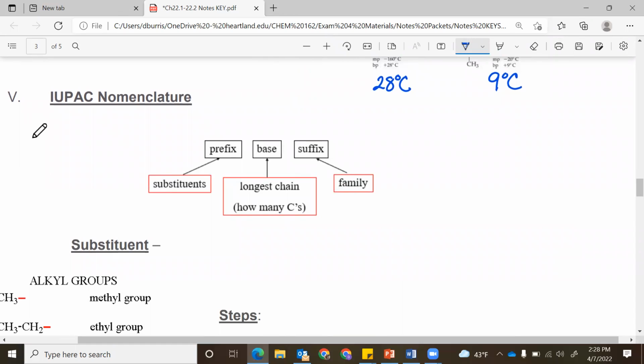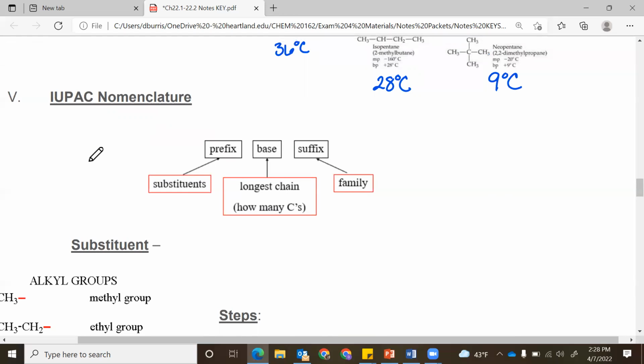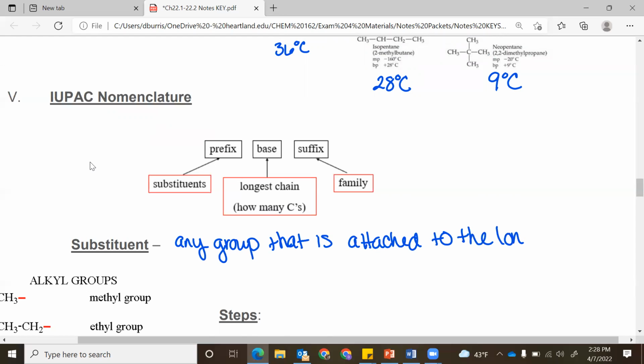The prefix has to do with what are called the substituents. So those are the things that are sticking off the main chain. All right, so substituents are any group that is attached to the longest chain of carbons.